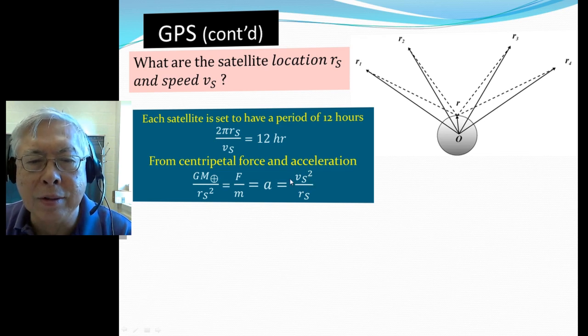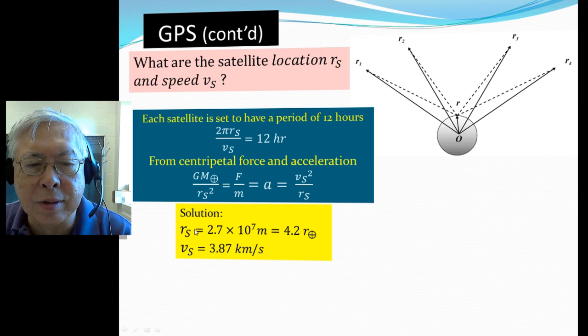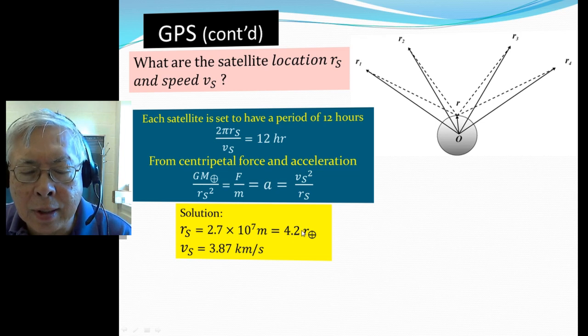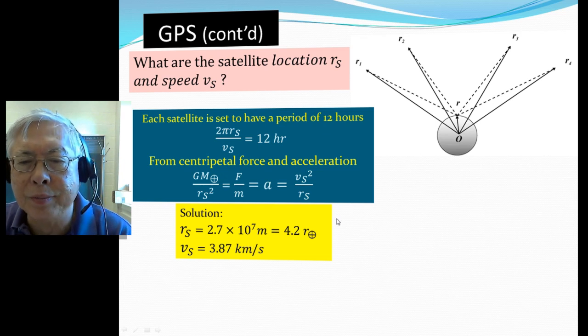So there's a second relation between position and speed. From this, we can find the radius of the satellite orbit is about 3 times 10 to the 7th meters, or about 4.2 times the radius of Earth, and the speed is about 4 kilometers per second.